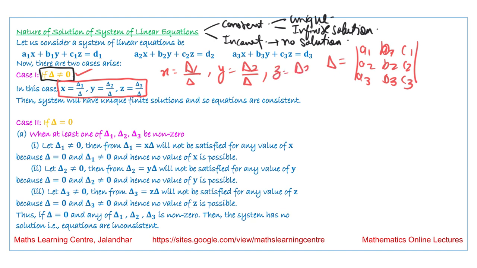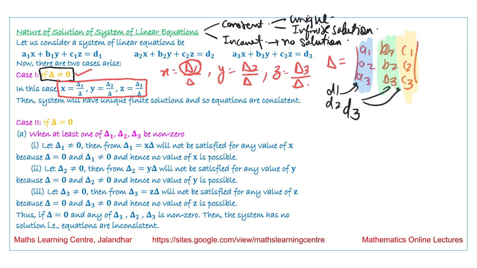equal to delta 3 by delta, where delta 1 is obtained by replacing the first column with d1, d2, d3, delta 2 is obtained by replacing the second column, and delta 3 is obtained by replacing the third column with d1, d2 and d3.